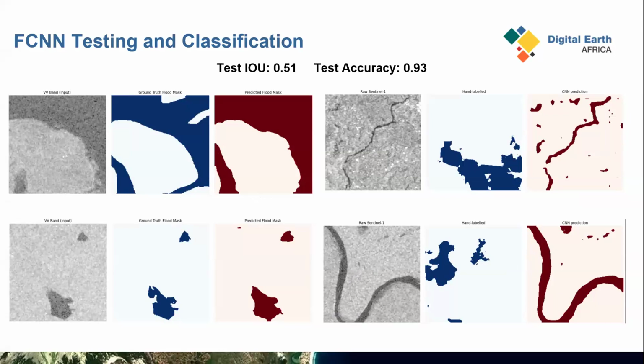So when we do an overlap between the hand labeled and what we predicted, it's obviously not going to be correct, because that hand labeled data is not a true reflection of what is currently happening in the raw data. So that is contributing to a slightly lower test accuracy, but I think it's still pretty good.